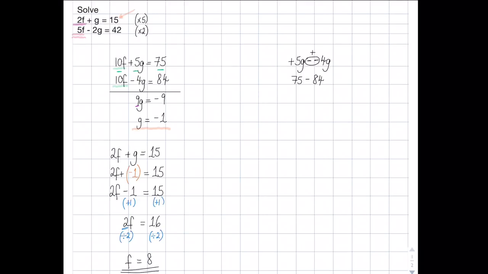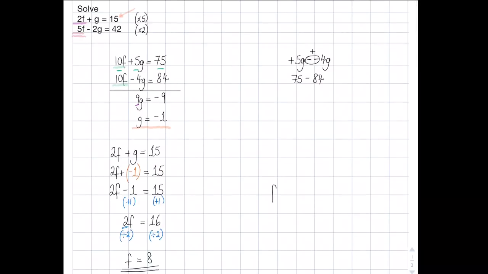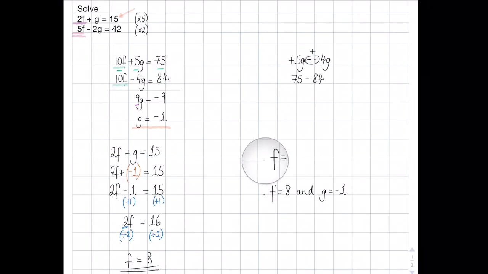So my solution with a squiggly line there is f equals 8, and if you want to, on your dotted line, f equals 8 and g equals -1. And I don't have a dotted line here, so I'm just going to do a solid one to show that that's my final answer. Very clear, methodical and systematic approach to solving simultaneous equations.